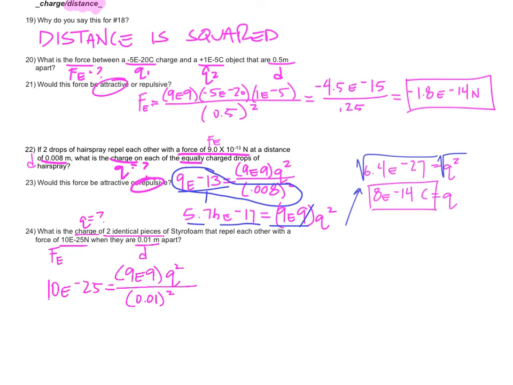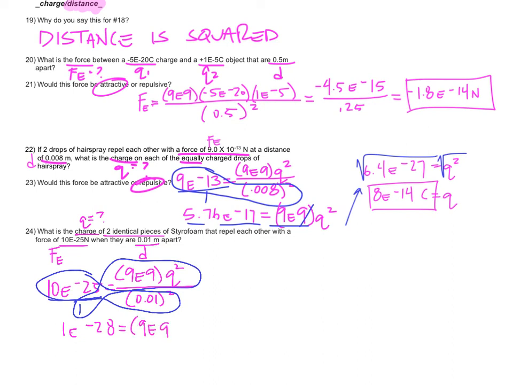I want to make a fraction on the left so that I may cross multiply 0.01 squared times 10e negative 25. And when I do that, I get 1e negative 28. And then when I cross multiply the rest, 1 times everything on the numerator, I get 9e9 times q squared. It doesn't change.